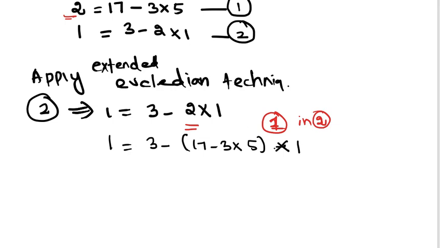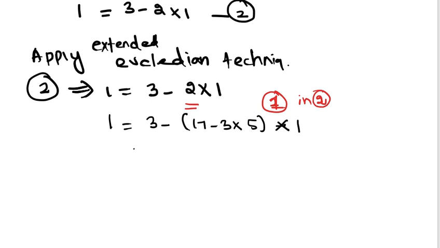Again rewriting this expression, 3 minus 17 times 1 minus 3 into 5.